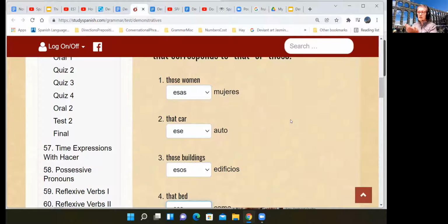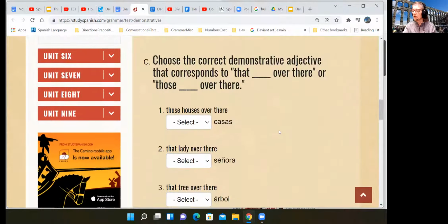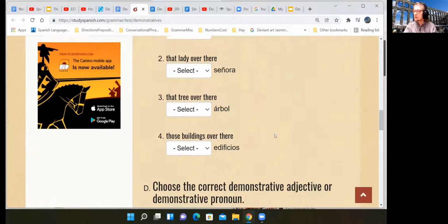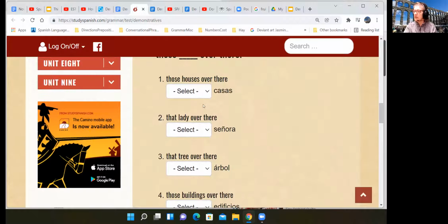These nouns have specific gender and singular or plural state. You do not use esto or eso when you pair it up with these nouns. You've got to have the right gender.